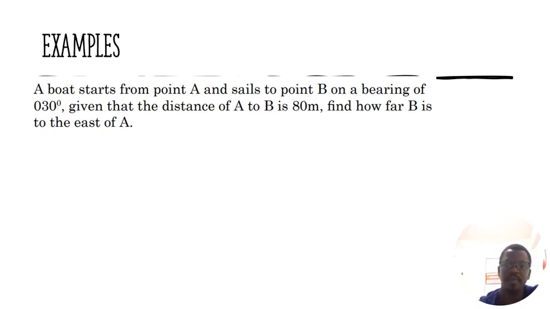First of all, you need to imagine this scenario and put it into a figure. Make sure we are using trigonometric ratios, so whatever figure we make must be a right angled triangle.